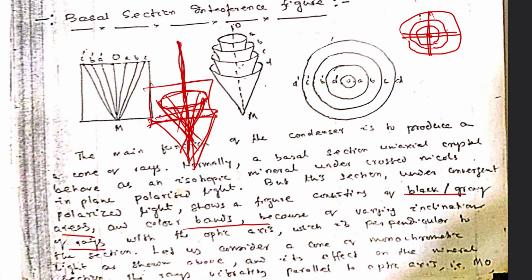The light rays in the nearest ring are slightly inclined; if this is the optic axis, this is the angle of inclination for the first ring. For the second ring, this is the angle of inclination. For the third ring, this is the angle of inclination. So the angle of inclination gradually increases from the center outwards through these rings.